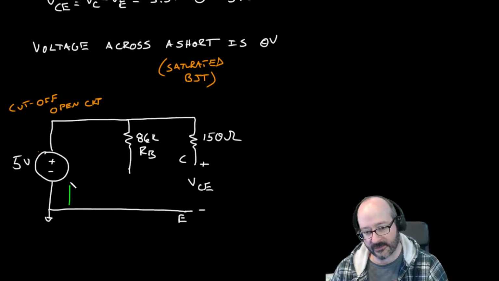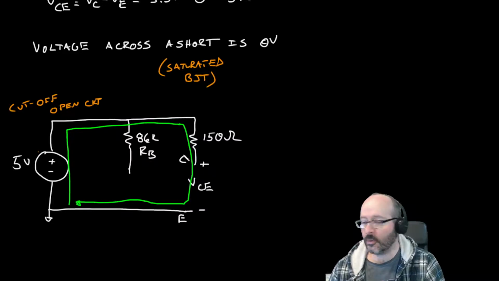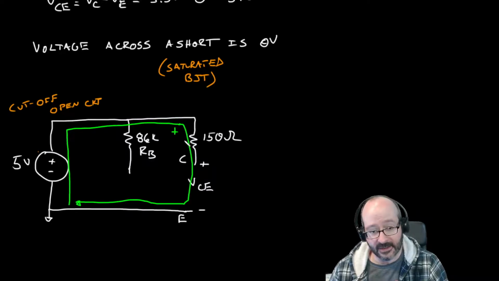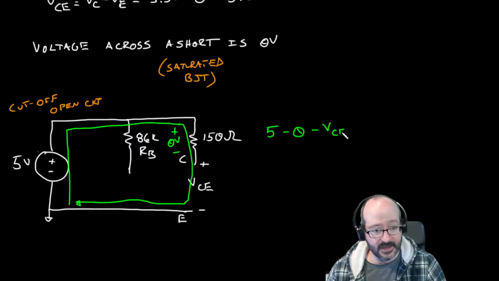We can figure that out by writing a KVL that crosses over VCE, and we'll come back over here. There's no current flowing through that 150. It's only connected on one side, so that's not dropping any voltage. So we go up 5, we go down 0 volts, and we go down VCE, and that's equal to 0. So VCE is equal to 5 volts, and this is true when in cutoff.